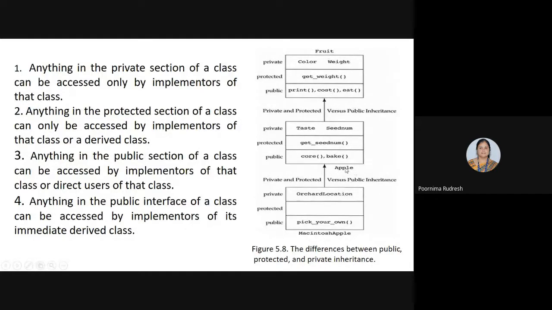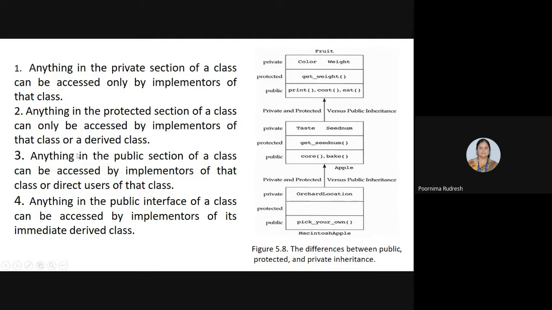Hence, the implementers of apple class can access the public area of fruit class. But the implementers of Macintosh apple class cannot access the public area of fruit class. Why? Because it is not the immediate derived class. Here only apple class is the immediate derived class for fruit.